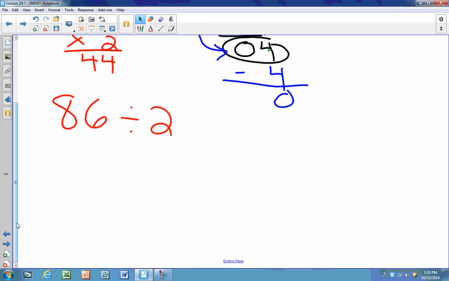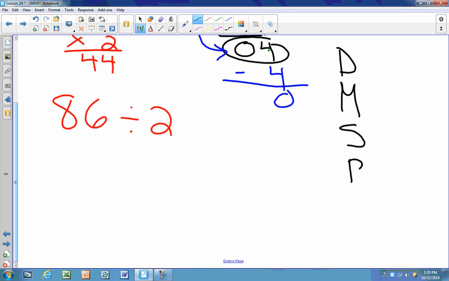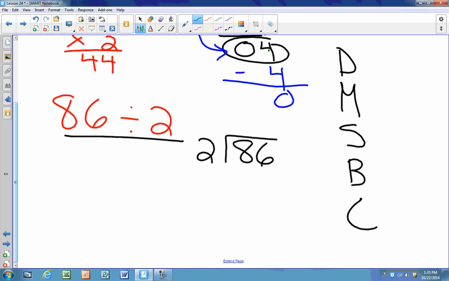Since it's now off the screen, I'm going to remind myself, does McDonald's sell burgers and cheeseburgers? And now I'm going to set up my problem right here. So I have 86 divided by 2. Remember, the 2 goes on the outside. It's trying to get into the house. The first thing I have to do is divide.